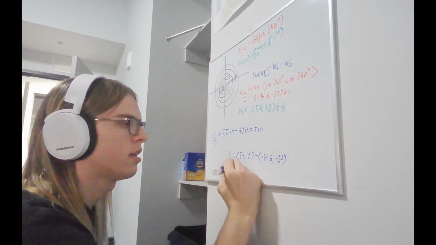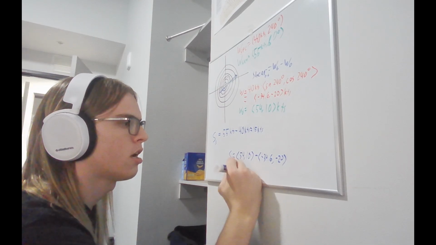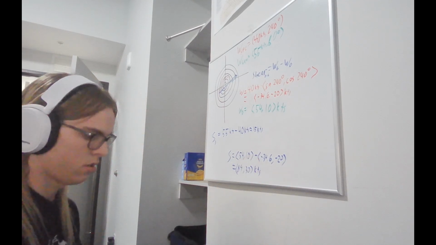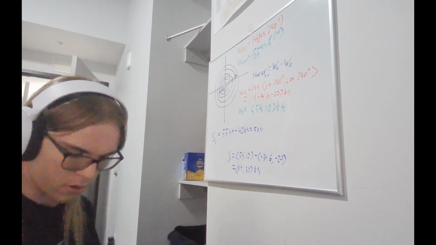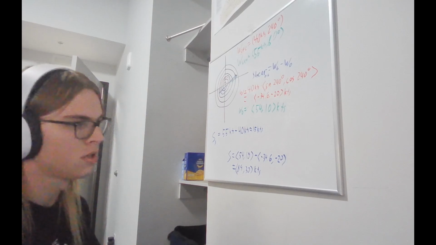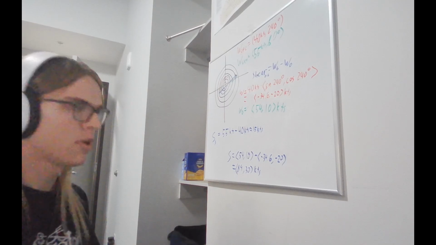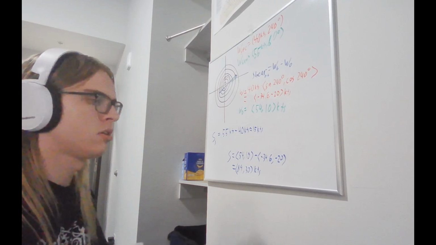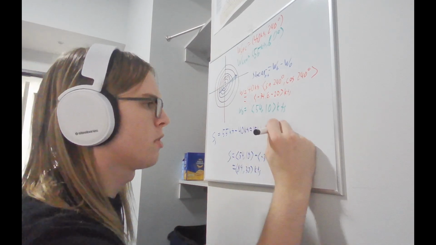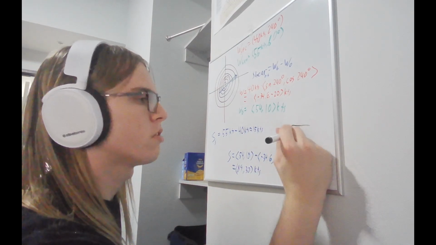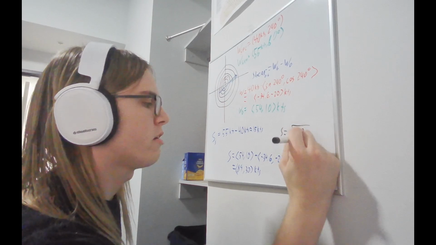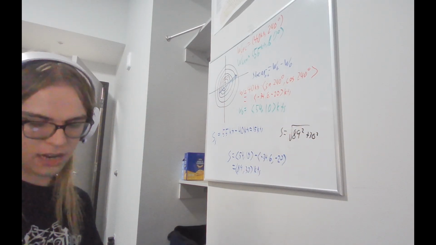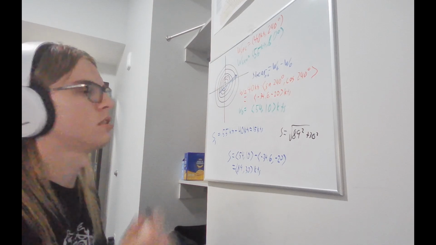Rounding again, that's around 89, 30 knots. If you want to find the magnitude of shear, you just use the Pythagorean theorem. So shear would just equal the square root of 89 squared plus 30 squared. That gives us 93.9 knots.